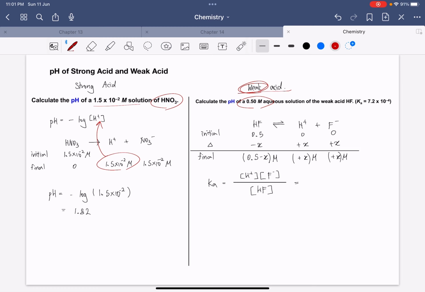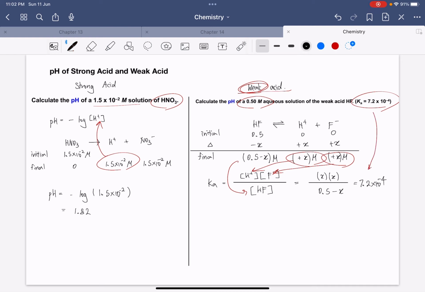This is for H plus, this is for F minus, and this will be HF. So the result we have will be x multiplied by x divided by 0.5 minus x. And that is equal to 7.2 times 10 to the negative 4, just like shown here.